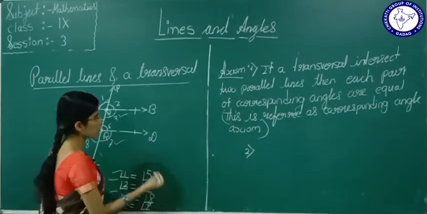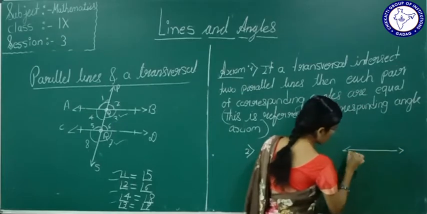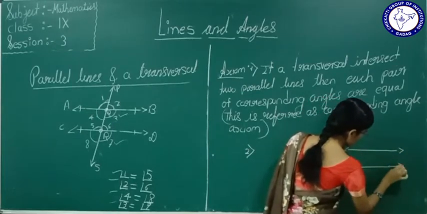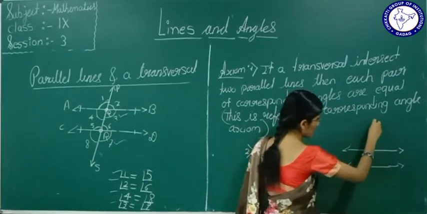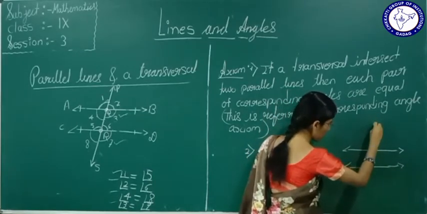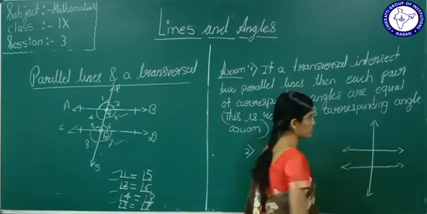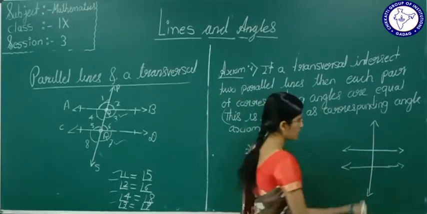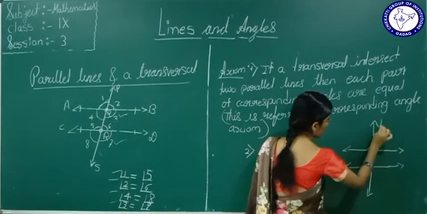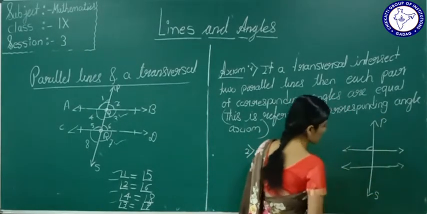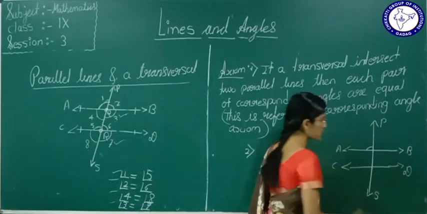See here, if you draw two lines and a transversal, here PS is a transversal and the two lines are AB and CD.